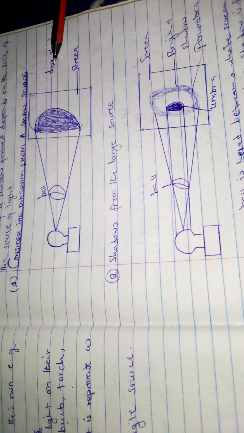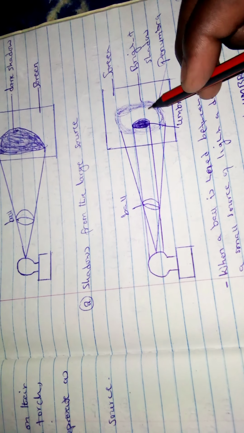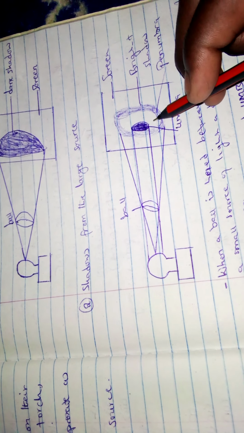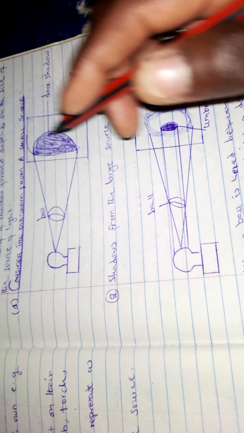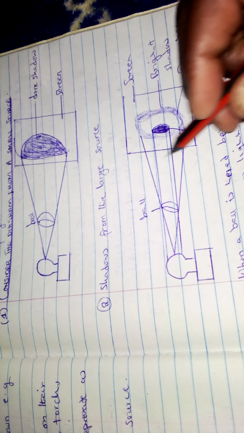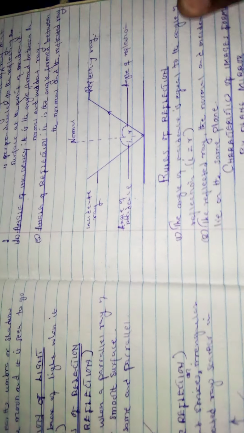This faint one is called the penumbra. So we have umbra and penumbra. Here you form two shadows, the umbra inside and the penumbra. So these shadows tell us that light travels in a straight line.